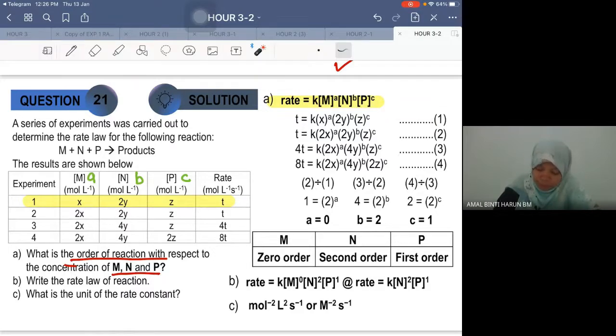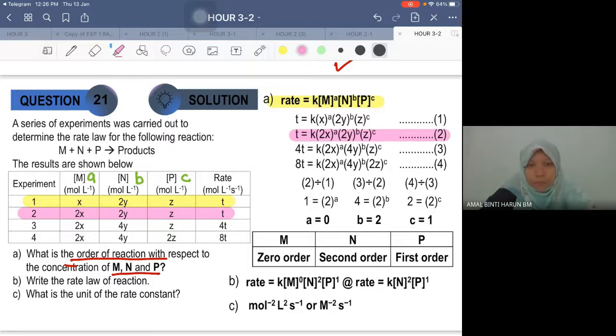Repeat for the second equation, which is T. Substitute the same things. Repeat again for the data of the third experiment, put it into the rate law. So you get 3 equations. Repeat for the fourth: rate equal to 8T. Substitute everything. So finally we get 4 equations.